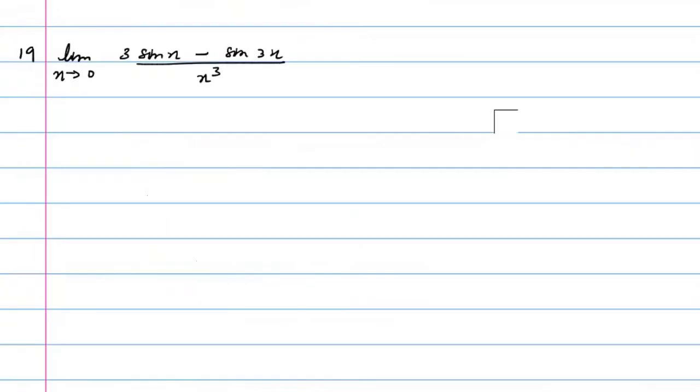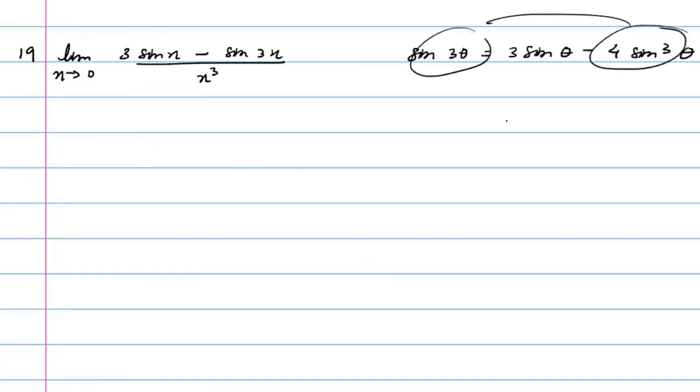So if it was just x, we could have taken this as sine 3x upon x, this way. But this is not just x, it is x cubed. So the list of formulas that we did, in that we had sine 3 theta. I'll take this on the other side and bring this here. What do we get?